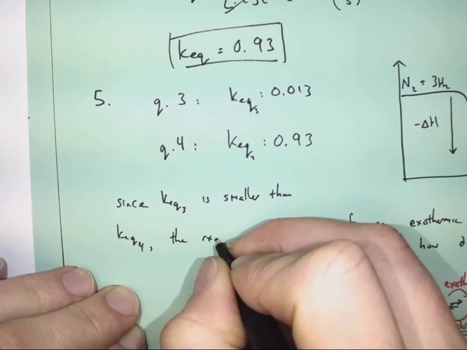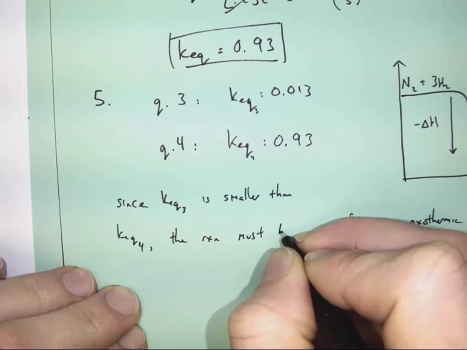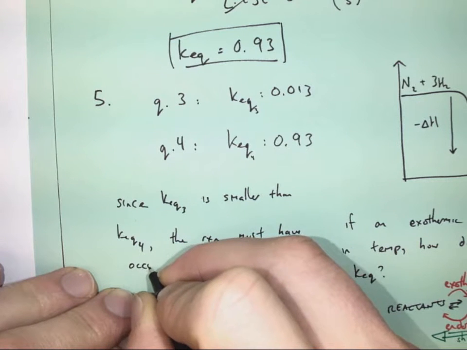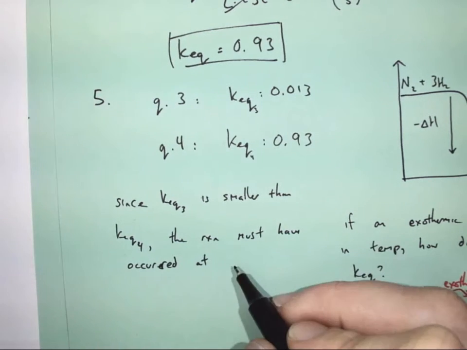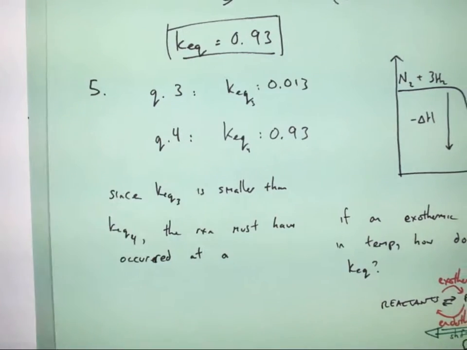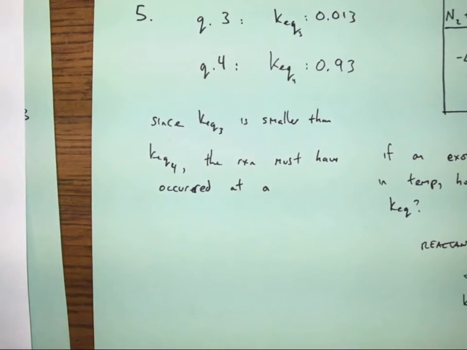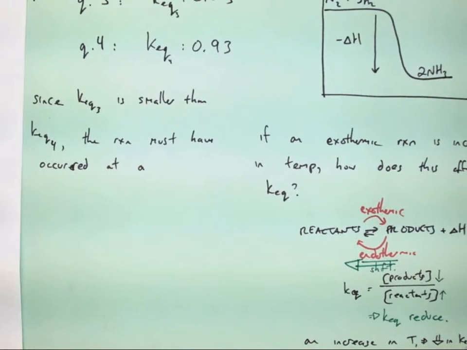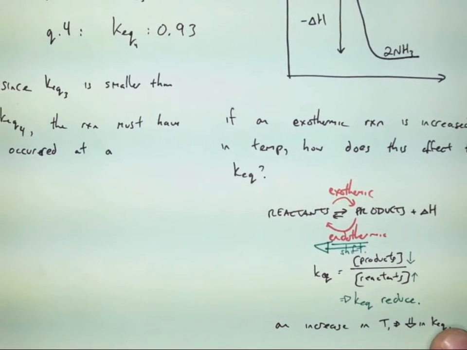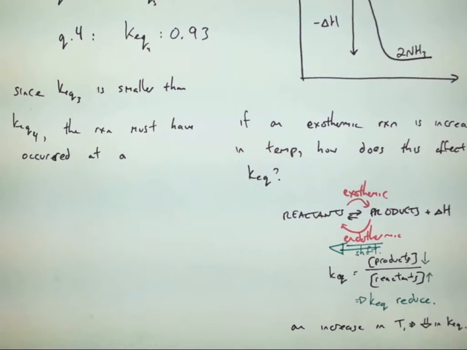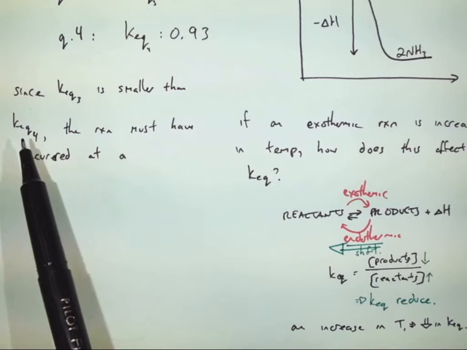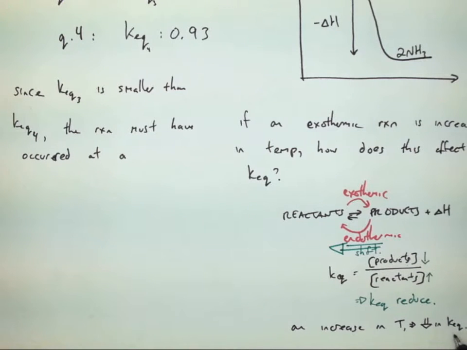The reaction must have occurred at a, hang on, let me just think this through. I want to make sure. I think it's important to think deeply about these things and double check ourselves, our intuition. Okay, increase in temperature means we decrease in equilibrium constant. So if you decrease in equilibrium constant, that means you had an increase in temperature.